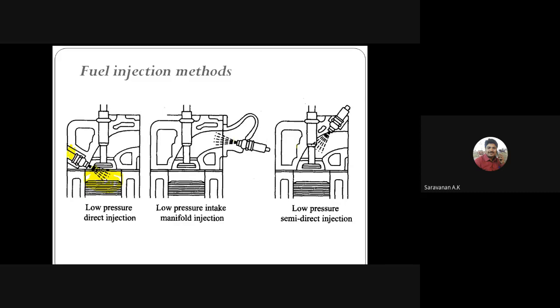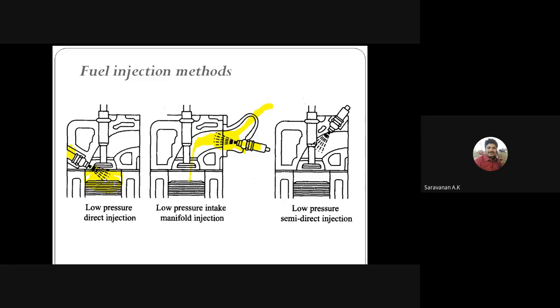Then the second one: the injector injects the fuel at the inlet manifold. The fuel is injected through the manifold, and then the fuel passes through to the cylinder.